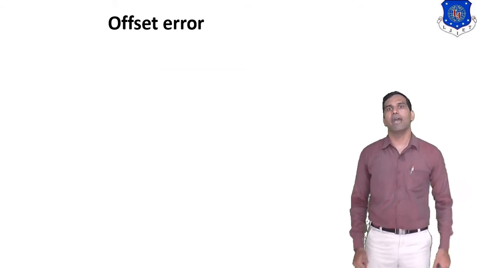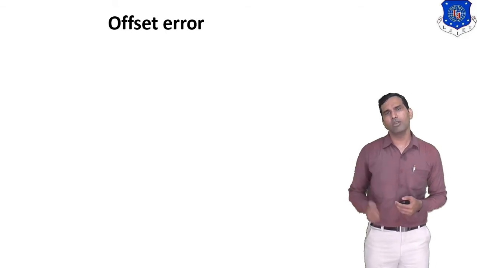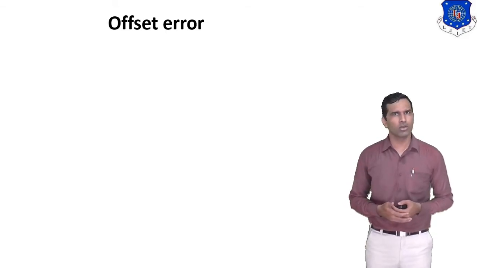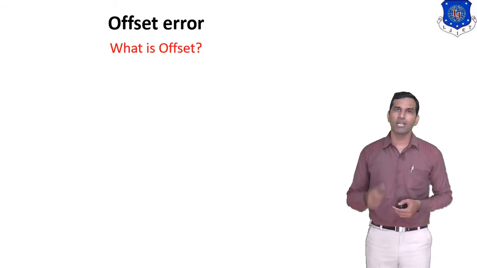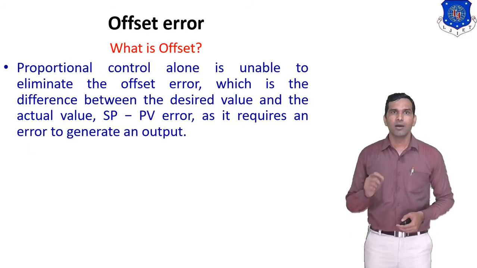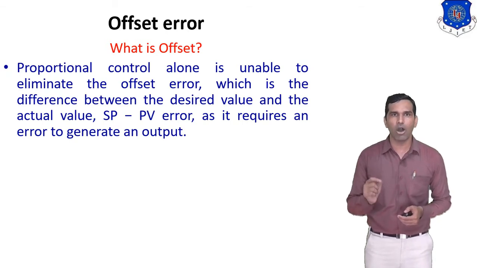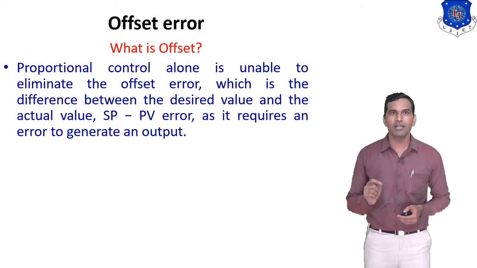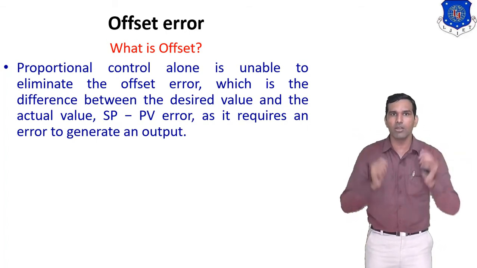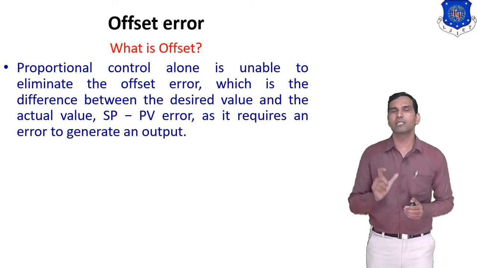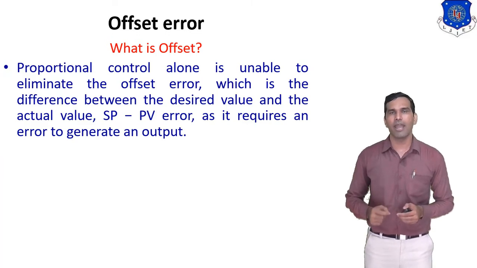Now offset error. What is offset, and why do we study offset error in the proportional controller? Proportional control alone is unable to eliminate the offset error, which is the difference between the desired value and the actual value, that is SP minus PV, as it requires an error to generate an output.